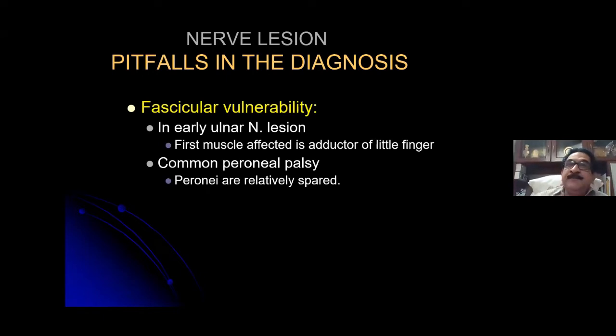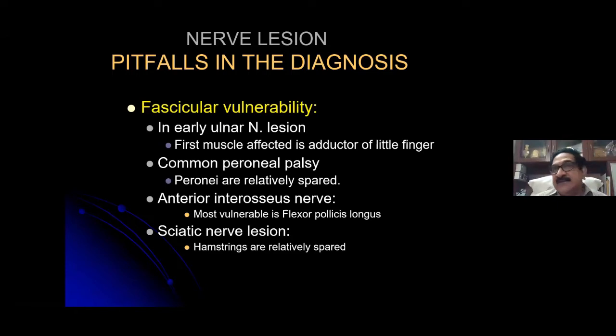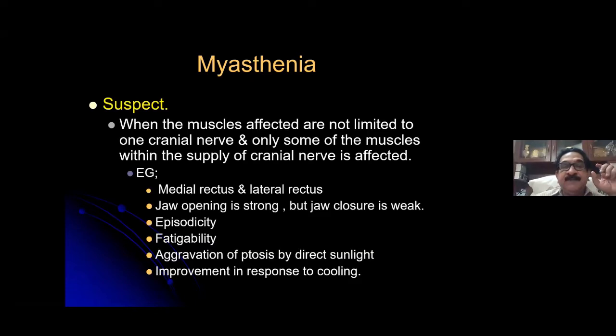In the common peroneal nerve, you may find that even though it supplies the peroneals, they may be spared. In anterior interosseous nerve lesion, the only muscle affected may be flexor pollicis longus. The sciatic nerve too; these are certain pitfalls in diagnosing. Don't expect that all muscles will be equally involved in a nerve or one cranial nerve; sometimes only some of the muscles within the supplied territory are affected. For example, look at medial rectus and lateral rectus of one eye.